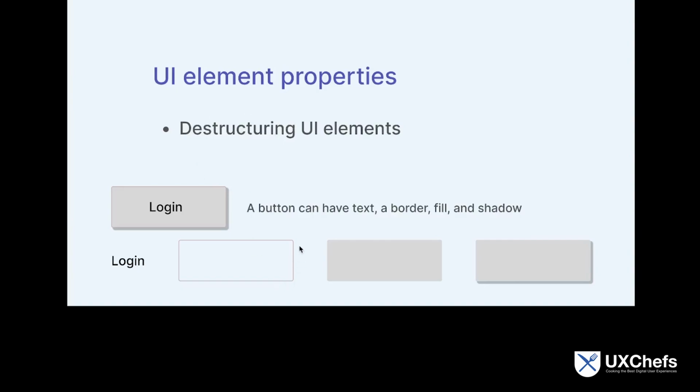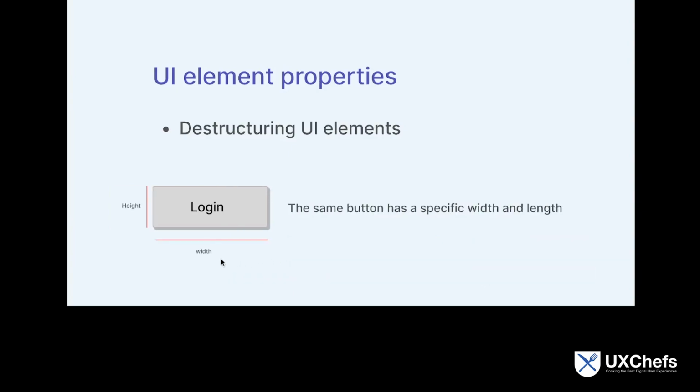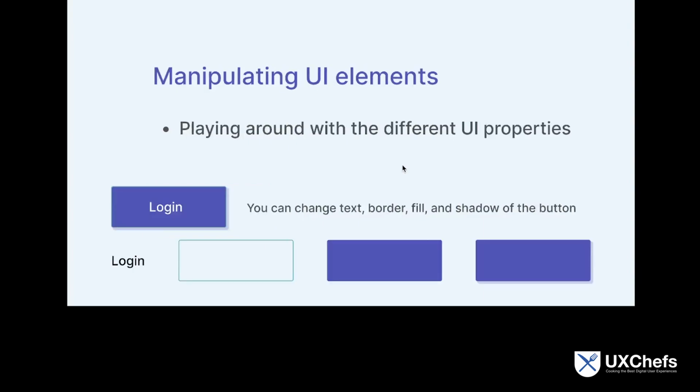We also have these corners that can either be sharp or curved. So I think you can see there are so many properties. Moving on to other properties, you'll find out that this same button also has a width and height. And to make things more interesting, you can manipulate these UI elements.